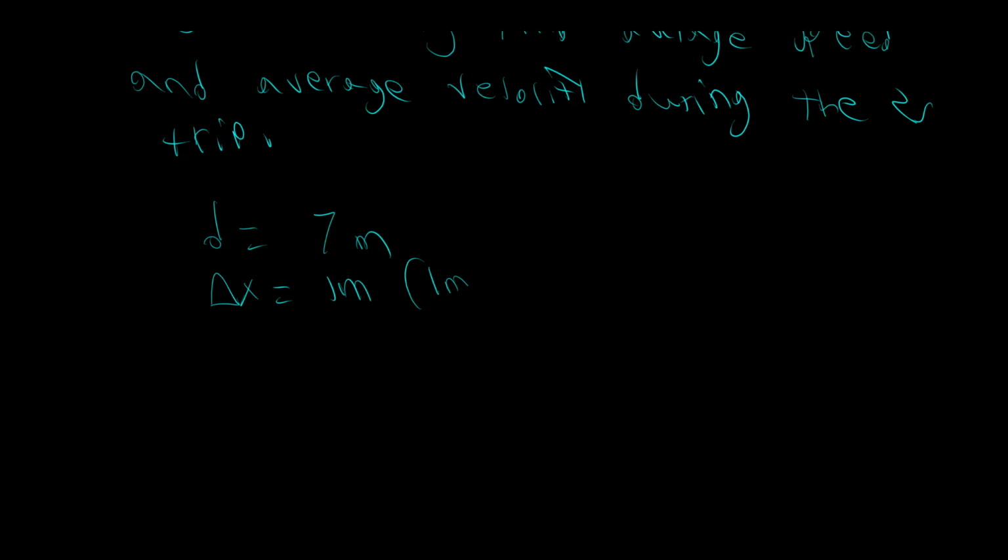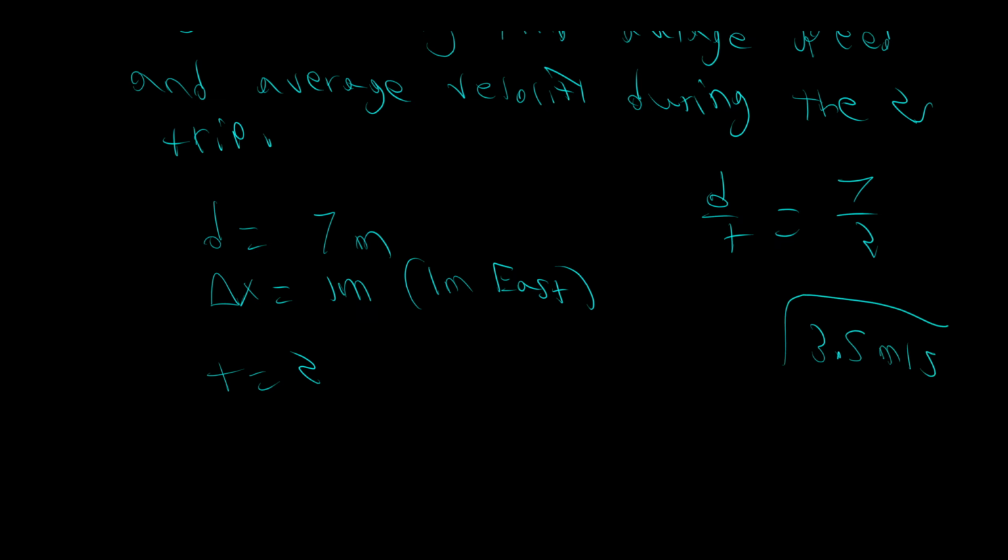or 1 meter east, but east is positive, so we can just leave it as 1 meter. And our time was 2 seconds, so we know average speed is distance over time, which is just 7 over 2, 3.5 meters per second. So our average speed, but our average velocity is different.